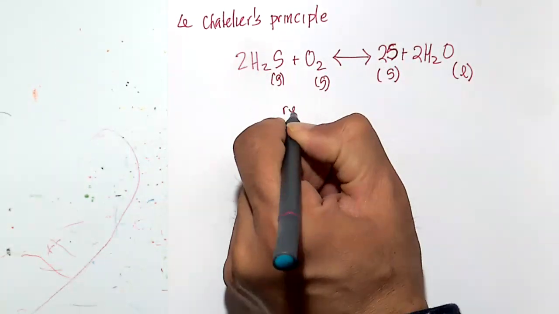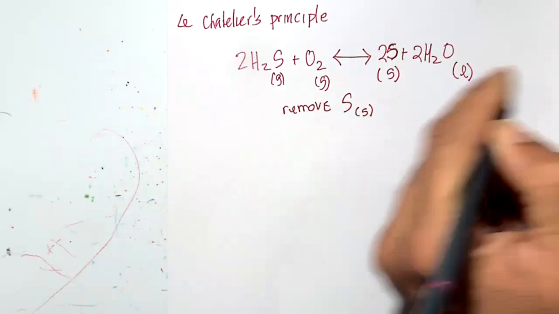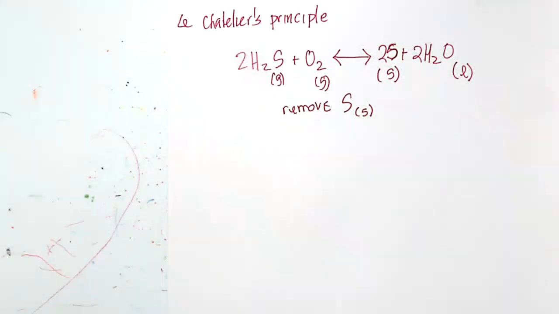Let's say we remove S, solid. Where will the reaction go? We take this away, so where will the reaction shift, to the right or to the left?